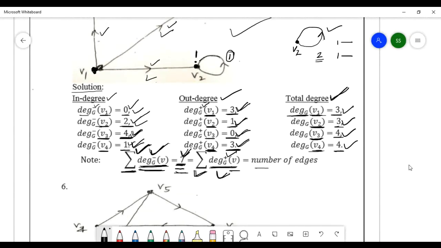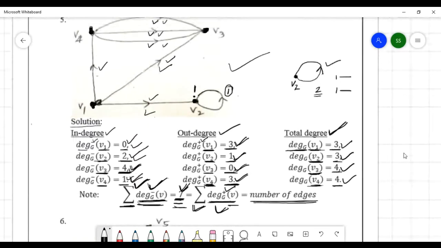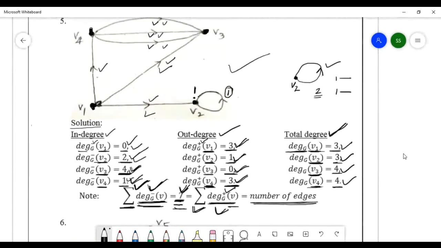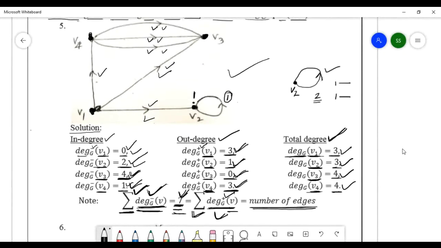Okay. Number of edges comes to 7. See this: total in degree 7, total out degree 7, and total number of edges 7. In a directed graph, these are all the time the same.